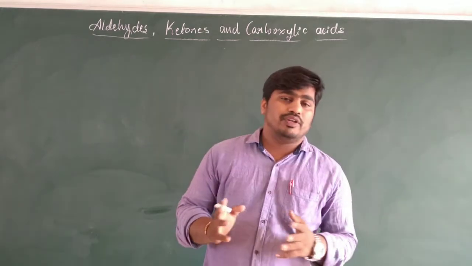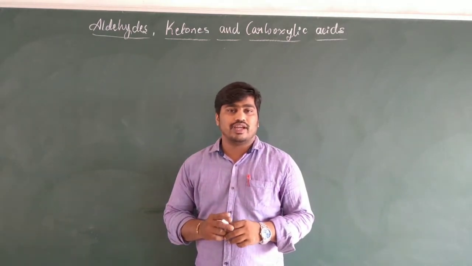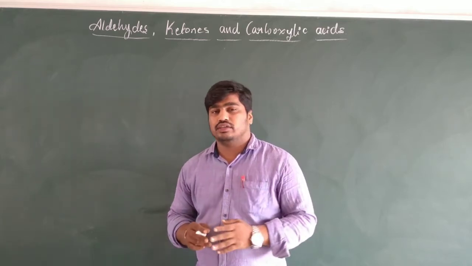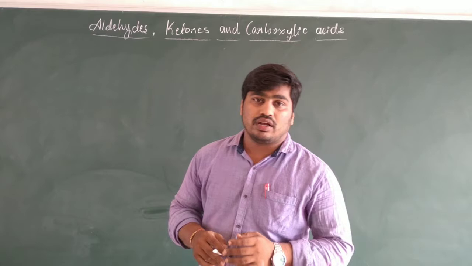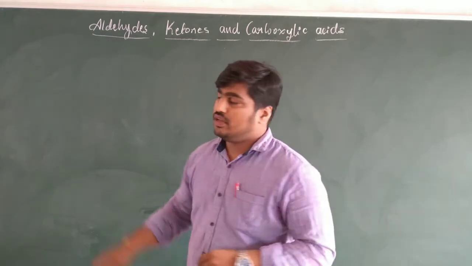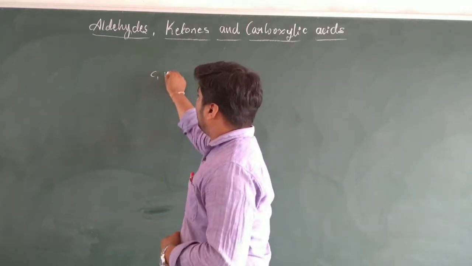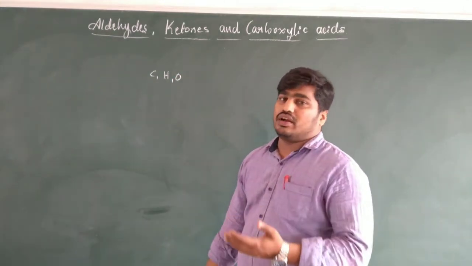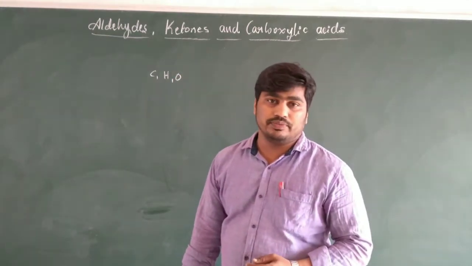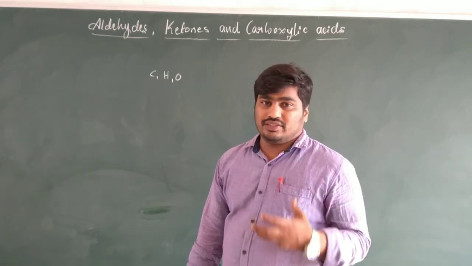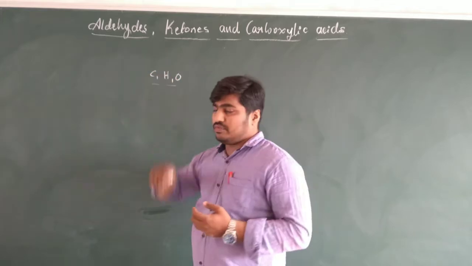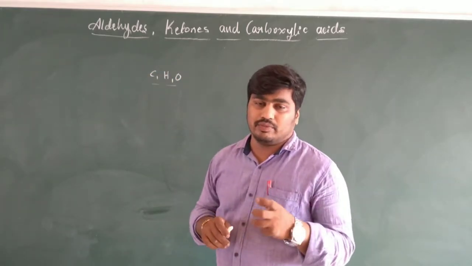In alcohols, phenols and ethers, we studied organic compounds containing carbon, hydrogen and oxygen, where a carbon-oxygen single bond is observed. The similar type of compound is also observed under aldehyde, ketone and carboxylic acid.